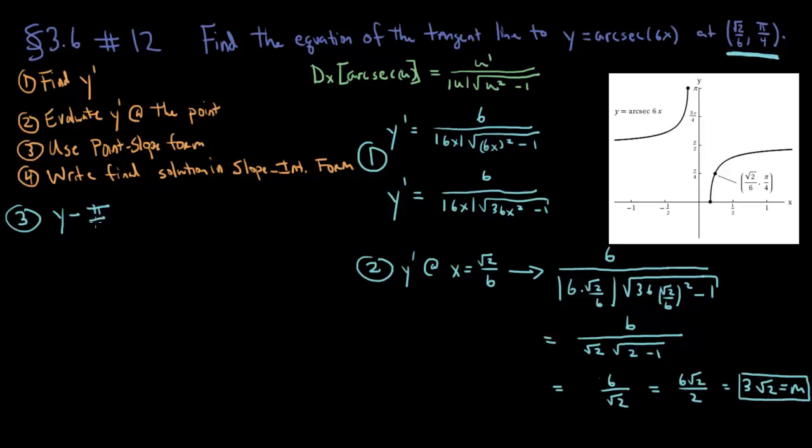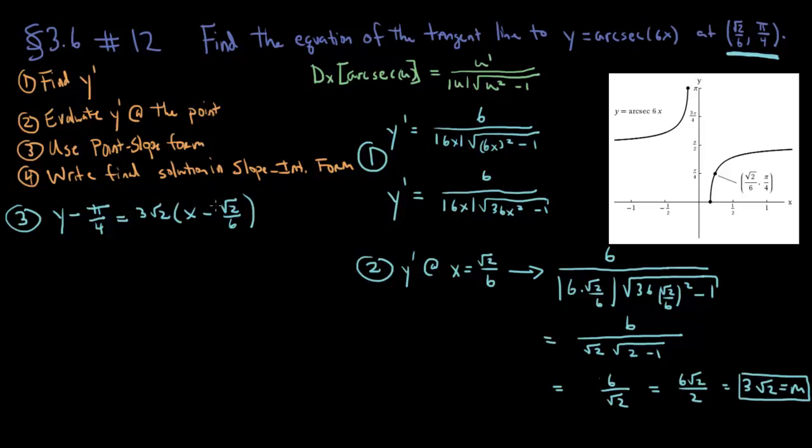So y minus pi over 4 equals m, which is 3 square roots of 2, times x minus x1, which is root 2 over 6. Okay, so that is the equation of the line.